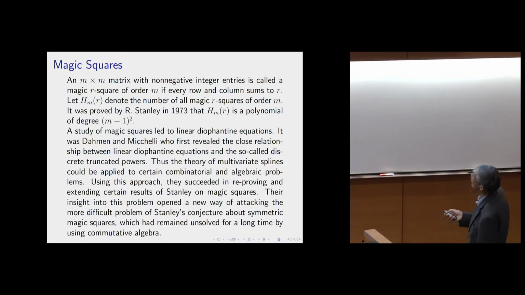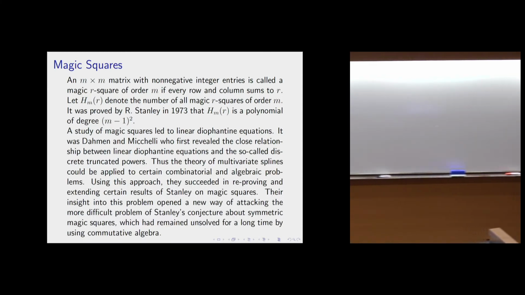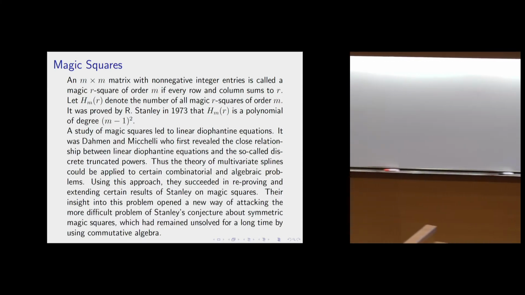Now the number of magic squares is a polynomial of degree (n minus 1) squared. This was established by Stanley, and Dahmen and Micchelli. Probably they did it in 1983, maybe published in 1985 or 86, something like that. So they established the connection between linear Diophantine equations and the so-called discrete truncated powers.